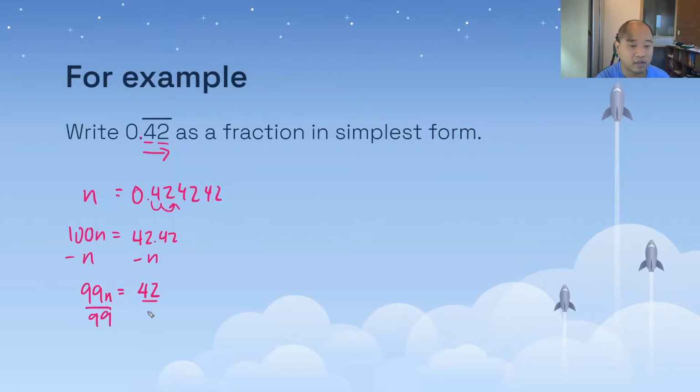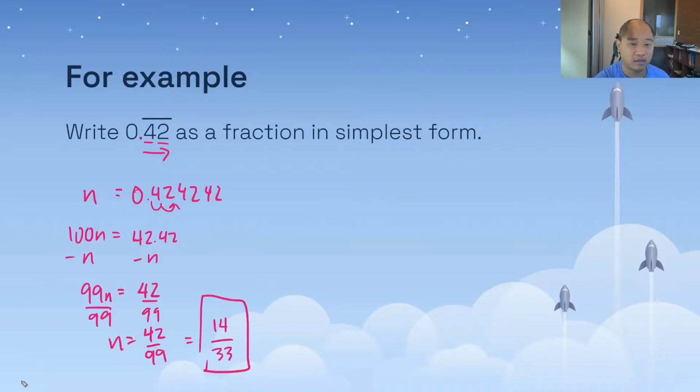Divide by 99. n equals 42 over 99. 42, that divides by 3, right? So what is that, 14? Oh boy, 14. I believe it is. If I'm wrong, just tell me. 14 over 33. Is that reduced all the way? Yeah, I believe it is. All right, so there's your answer.